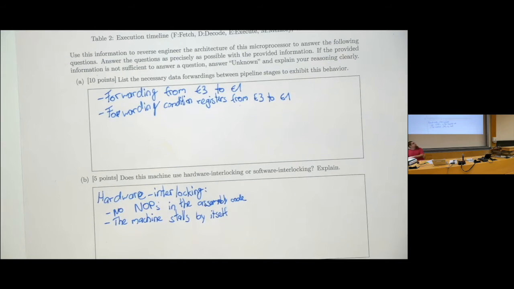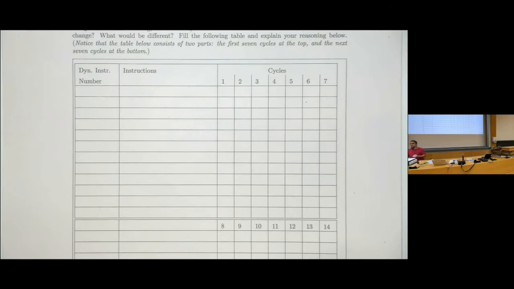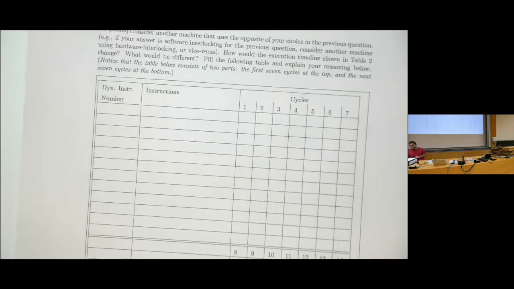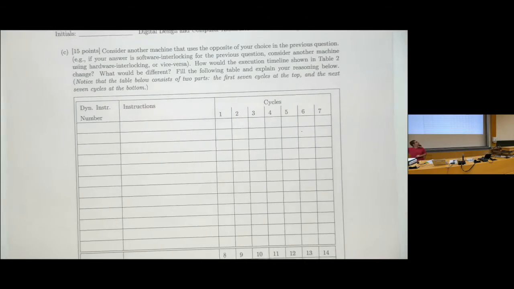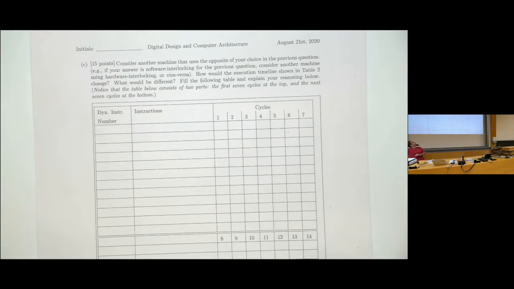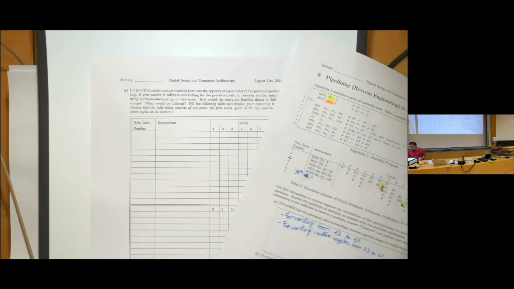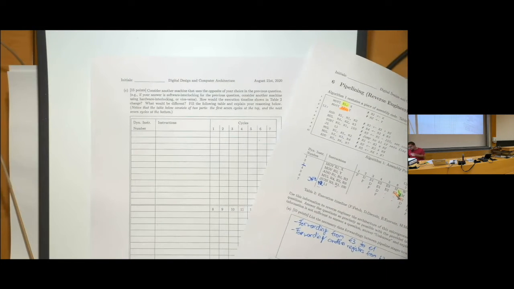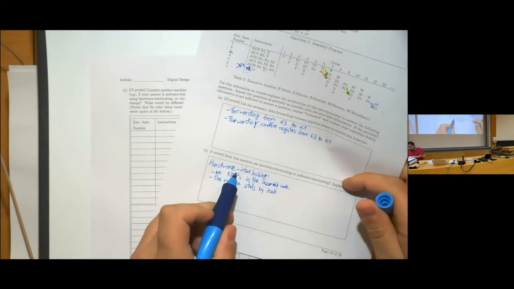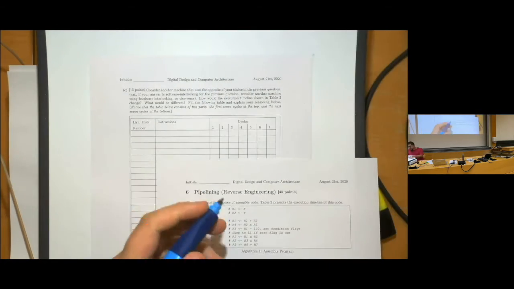Okay. On to question C. We're asked to rewrite the execution timeline basically. So before we answered in B that we had hardware interlocking, and now we should do the opposite.